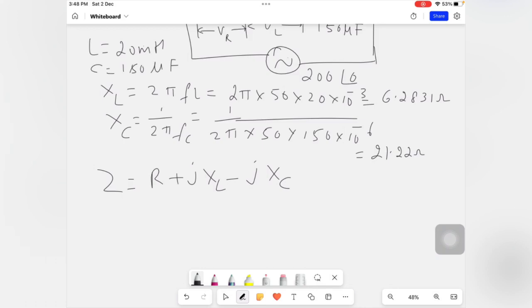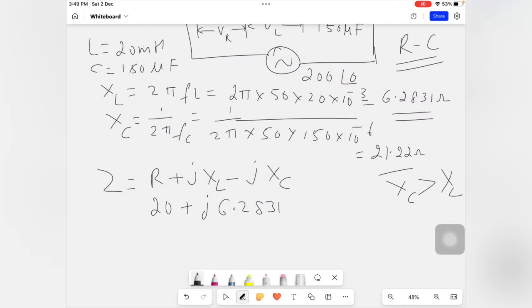What is R? R is 20 plus JXL value, which is 6.2831. Here you can observe the values of XL and XC. Which value is more? XC is greater than XL. Then generally the circuit behaves like an RC circuit.